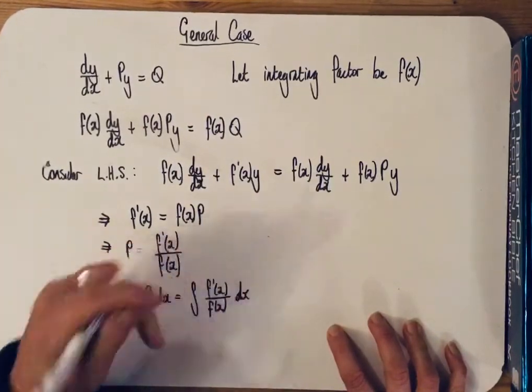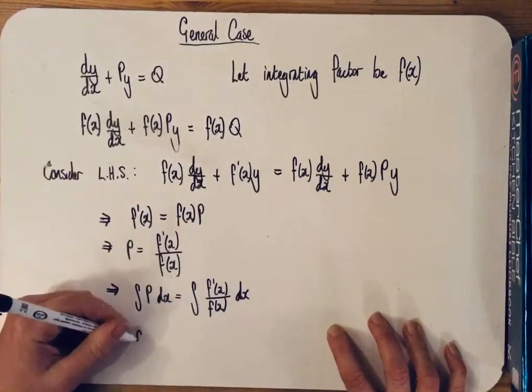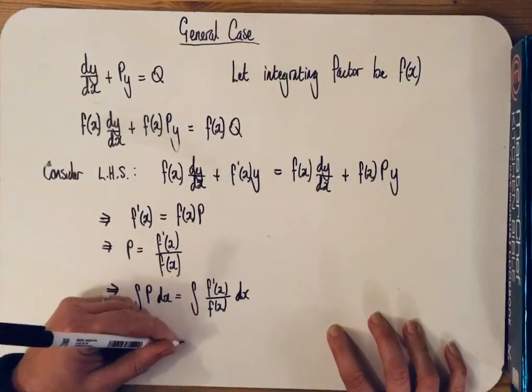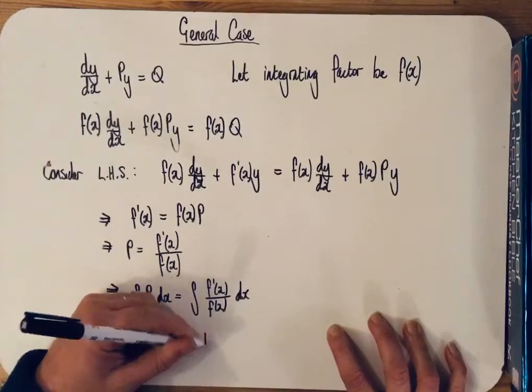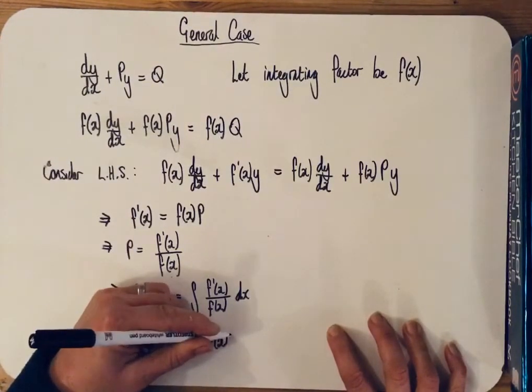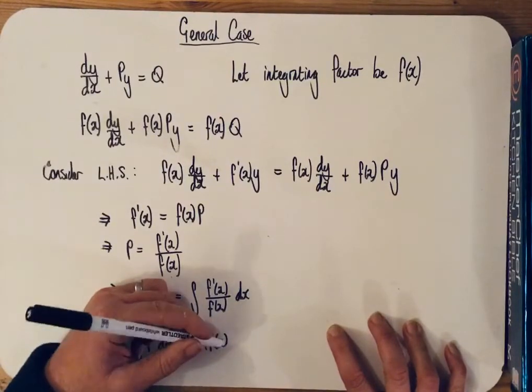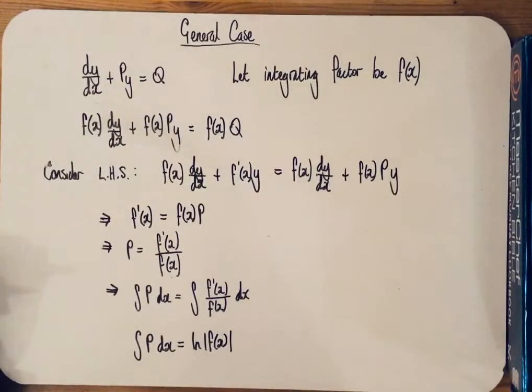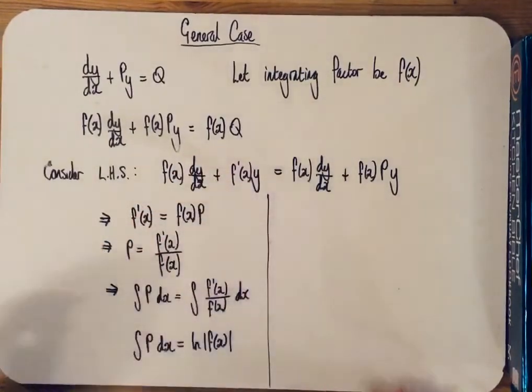I'm going to integrate the right-hand side but leave the left-hand side as it is. So that gives me ln of f(x). We don't particularly need to worry about the plus c at this stage because there's another plus c coming out of here.